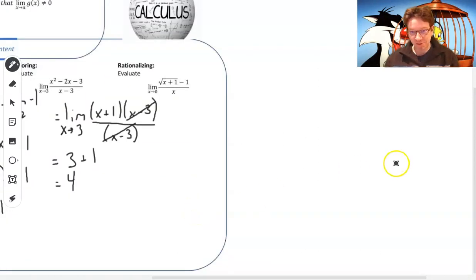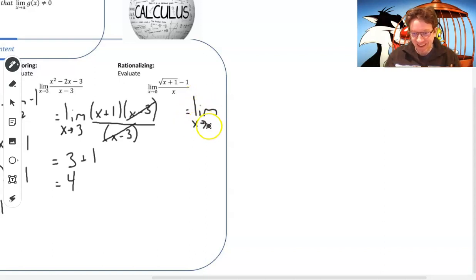Now the next example is rationalizing. This we've done before. Even in our very first lesson, we reviewed how to rationalize the denominator. But in this case, we're going to rationalize the numerator because we don't want to divide by x, because as x approaches 0, we're dividing by 0 again. So many problems.